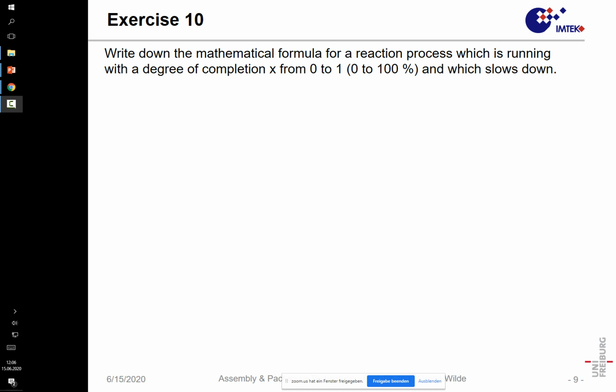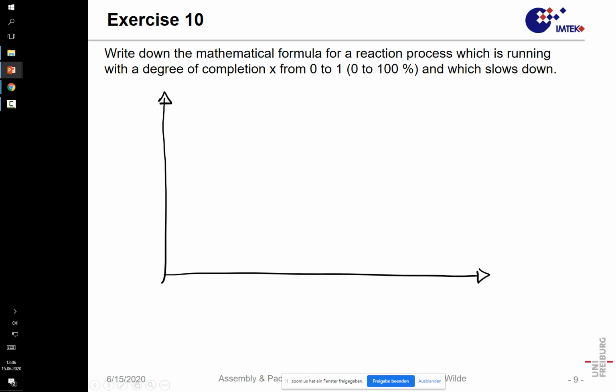Okay, but now the very important thing is the reaction. And the chemical reaction, so we have the monomers of the epoxy, and these react also using a hardener. And when we look at the reaction over time, so here we could say that is log of time, we can define a degree of reaction.